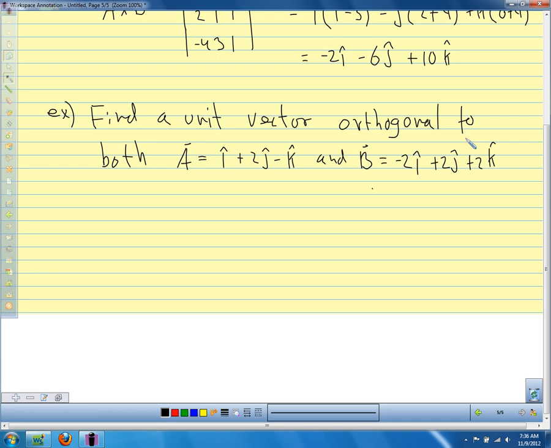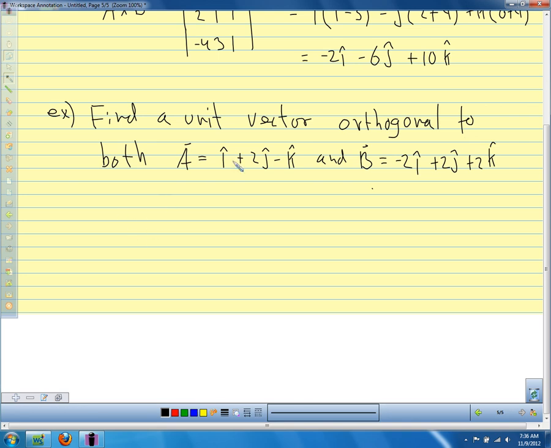I could do A cross B or B cross A. If we did the opposite, we would get the negative sign, and it would still be orthogonal to both vectors. It would just point 180 degrees in the opposite direction. So you can think of it as pointing up or pointing down. It's still a unit vector orthogonal to both, just in opposite directions.